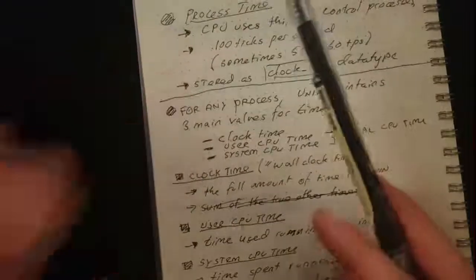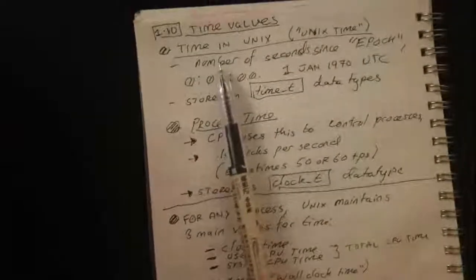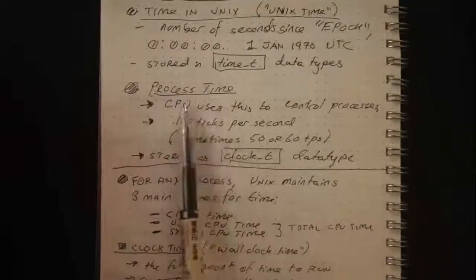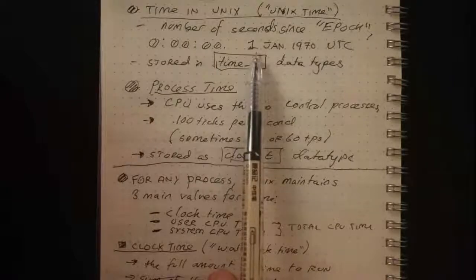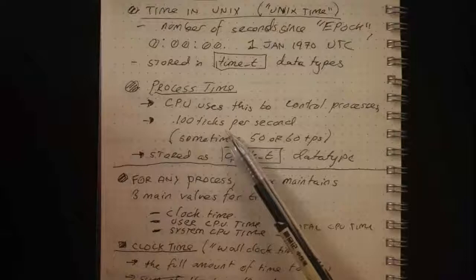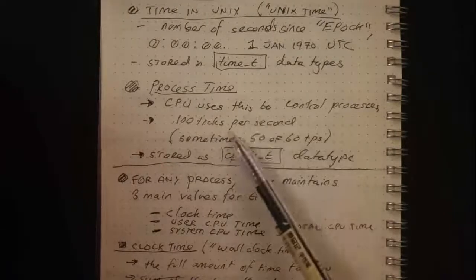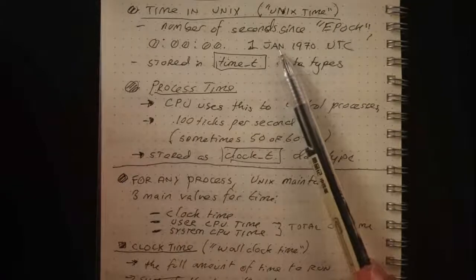We looked at time values, both as Unix time and in process time. So Unix time is more everyday time, whereas process time is more of a relative measure of time, more like a stopwatch, and this is more like a regular clock.